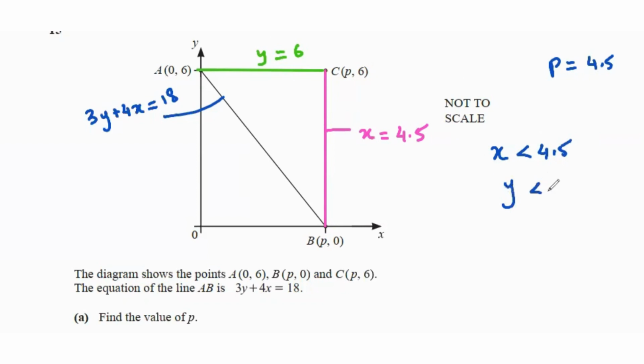So y is also less than 6. For 3y plus 4x equals 18, we're looking at the region that is above the line, where both x and y values are increasing. Hence, 3y plus 4x is going to be greater than 18. So these are your inequalities.